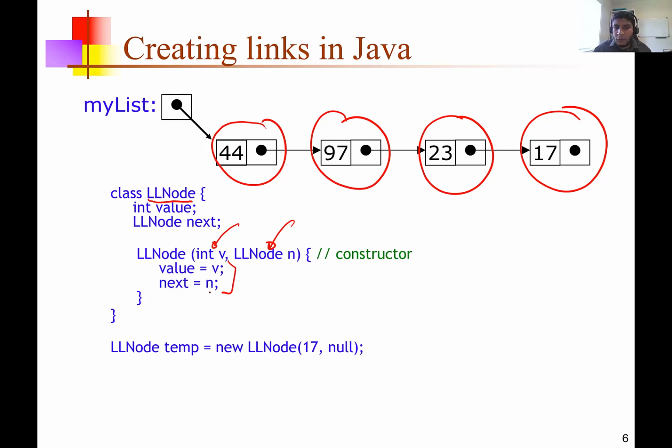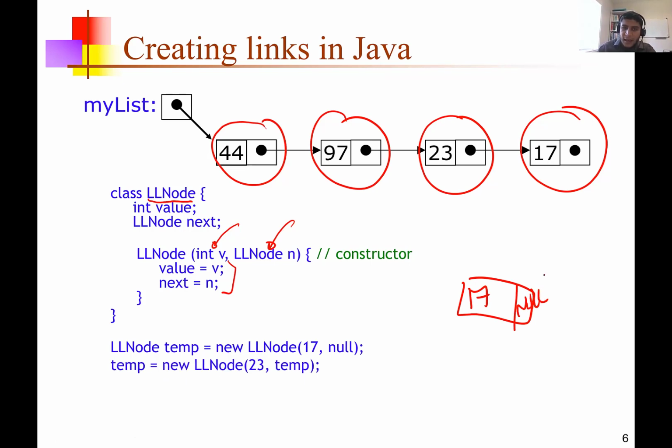And then the simple thing I can do is, once I define this class, I can instantiate objects out of it, right? So first of all, I declare a first node, let's visualize it, that has 17, and this is null, right? And afterwards, I can say I declare another node that has the value 23.